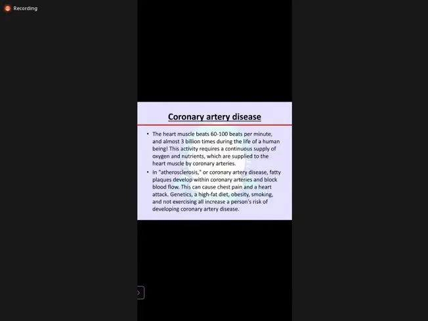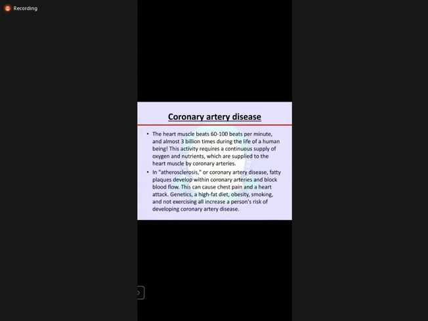So, coronary artery disease. The heart muscle beats 60 to 100 beats per minute and almost 3 billion times during the lifespan of a human being. This activity requires a continuous supply of oxygen and nutrients, which are supplied to the heart muscle by the coronary arteries.